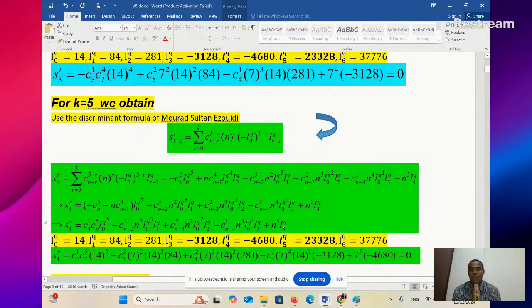Okay, this is the fifth coefficient of your new 7-degree polynomial equation.